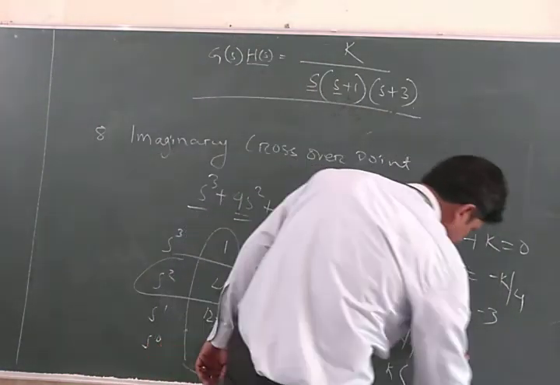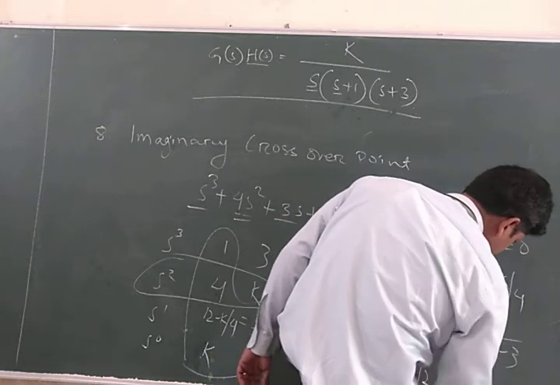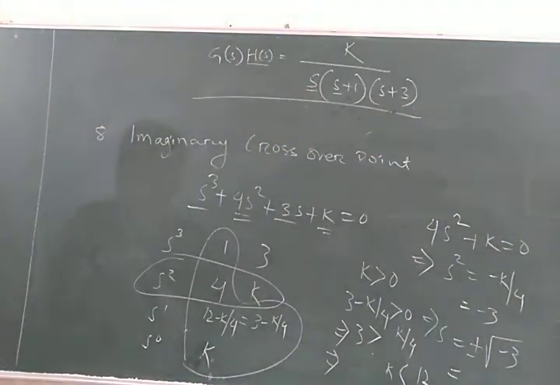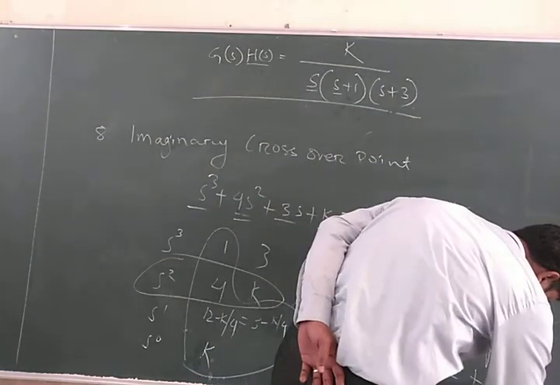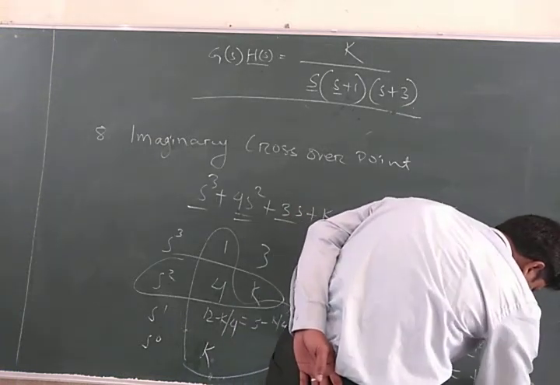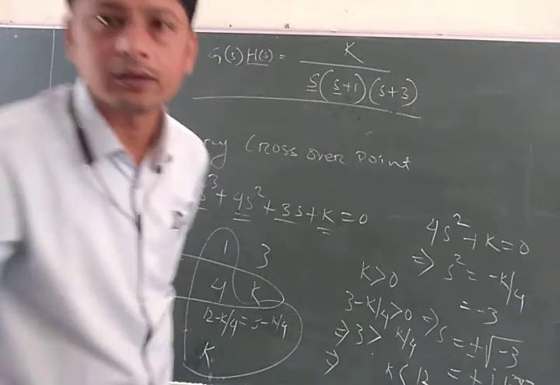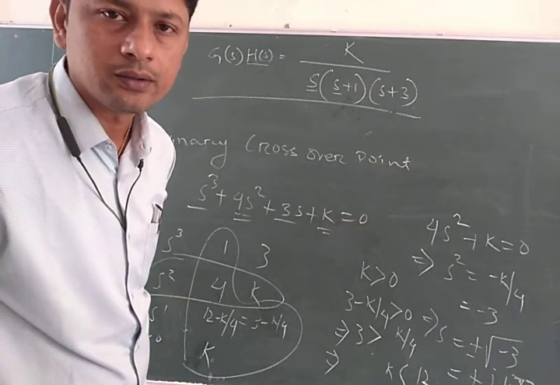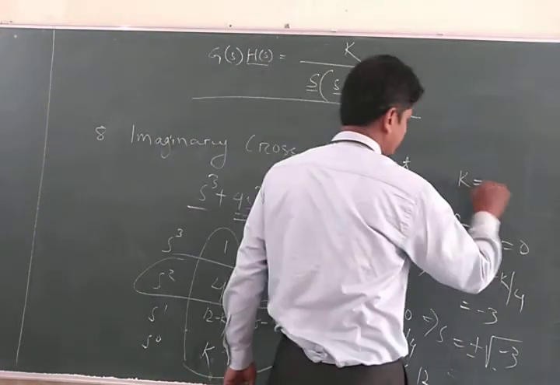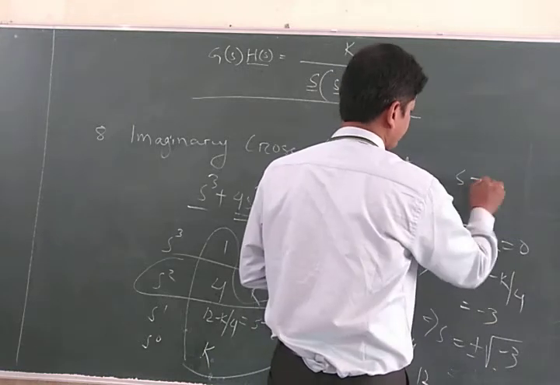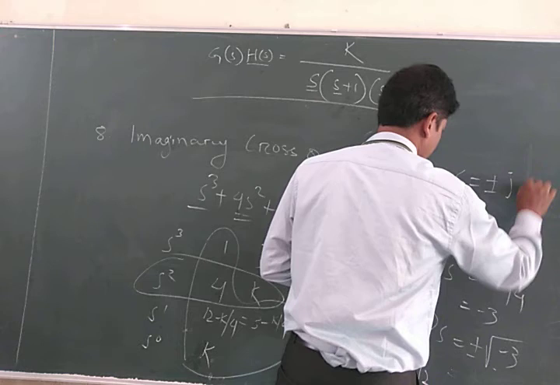So s equals plus or minus j root 3, which equals plus or minus j 1.73. So s equals plus or minus j 1.73.